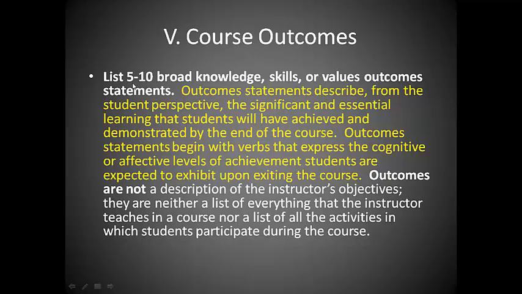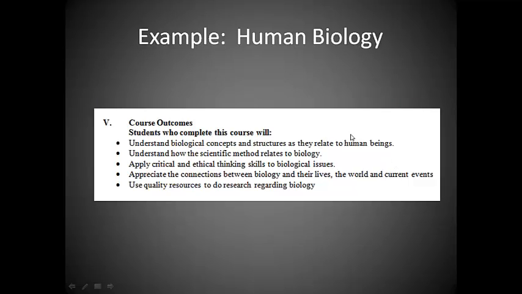What I'd recommend you do is you look at your program outcomes that you developed for the assessment process, and from those, pick the ones that you cover in a certain course, and then you might have to slightly modify how they're worded in order to fit that specific course within a program. So I'm going to show you an example in human biology.